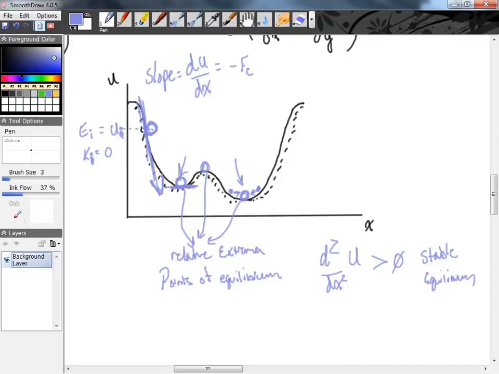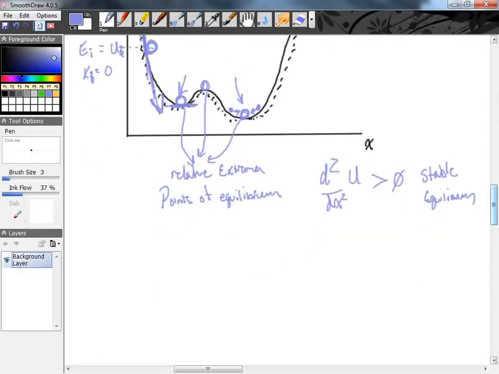Those are stable equilibria. Now, not all equilibria are created equal. This guy right here is at an equilibrium. If you put this dude right there on top of the hill, it'll stay there. But if you give him a little nudge that way or that way, he'll roll away from the equilibrium.